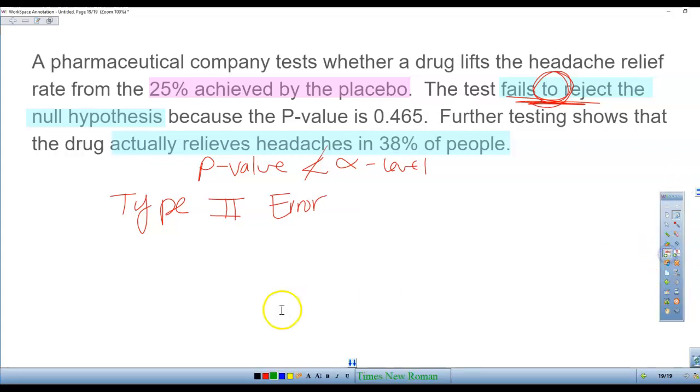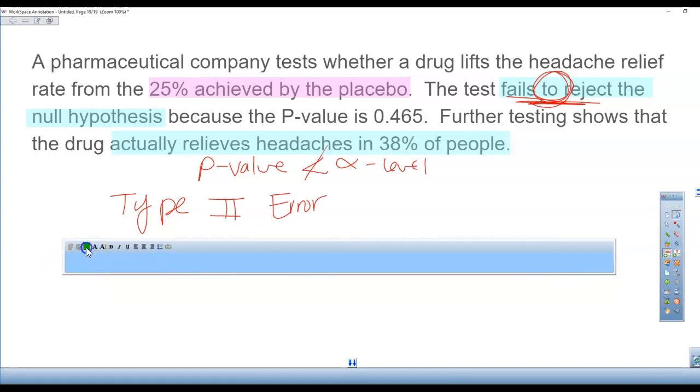And so the consequences in real life, if you think about it, this is a medicine that relieves better than the placebo did. So the pharmaceutical company is losing out on making money for this drug that could potentially help people.